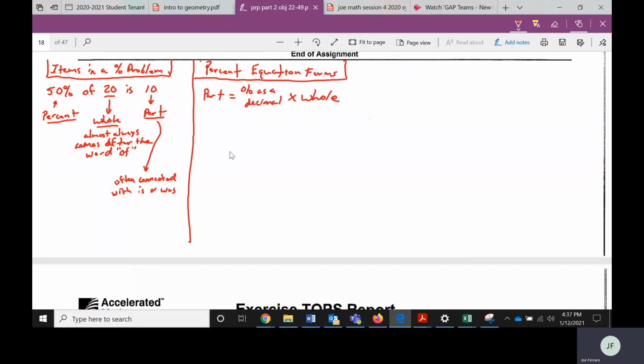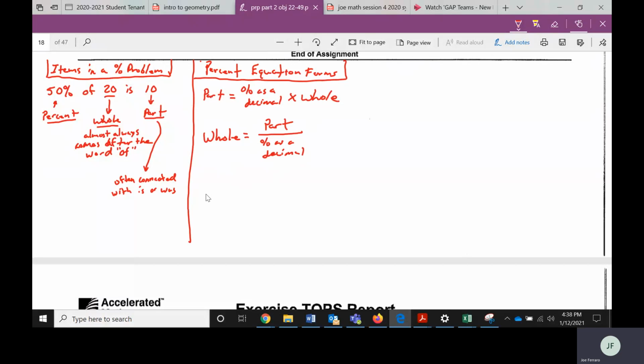Okay. Now, I don't necessarily have to go over how to get this, but using algebra, you can change that formula. So if you're missing the whole, the way you do that is you would take the part and divide it by the percent as a decimal. And that'll give you the whole.